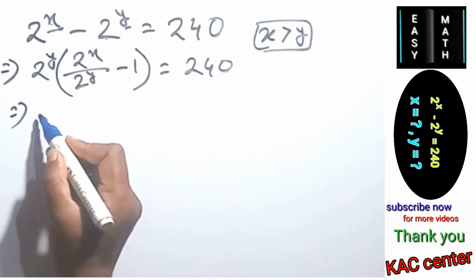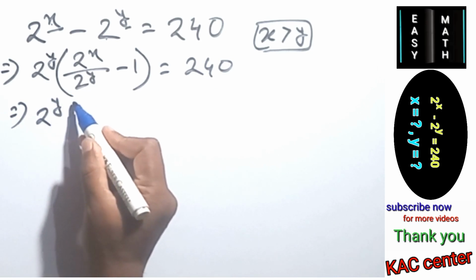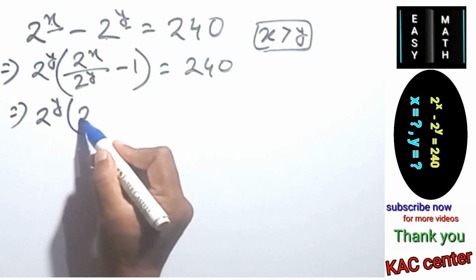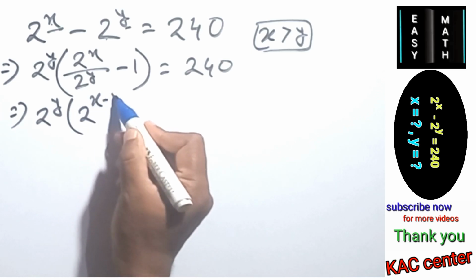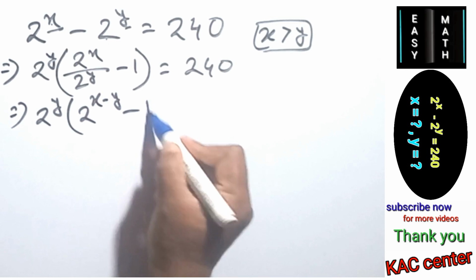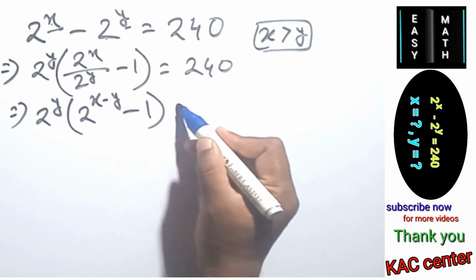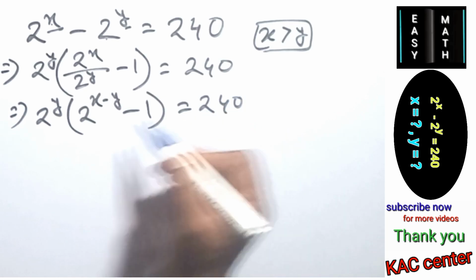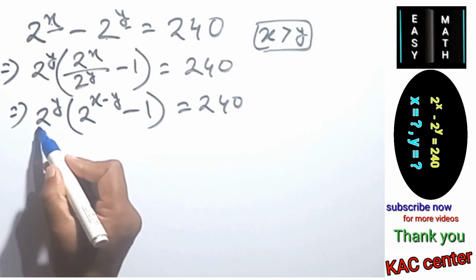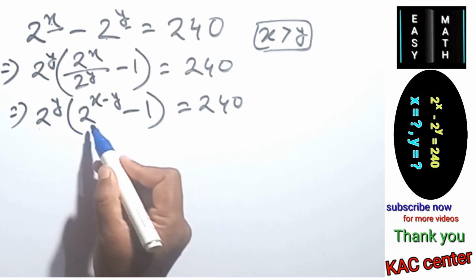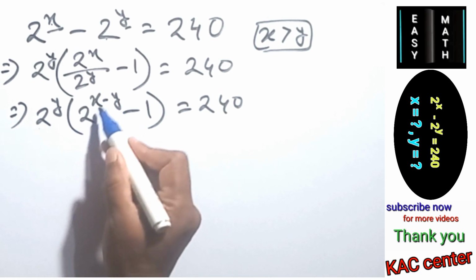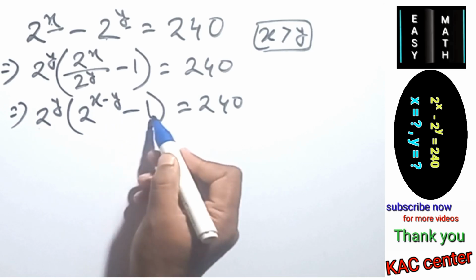So there is 2 to the power y, and this is 2 to the power x minus y, minus 1. Now this is 2 to the power y and this is 2 to the power x minus y minus 1.